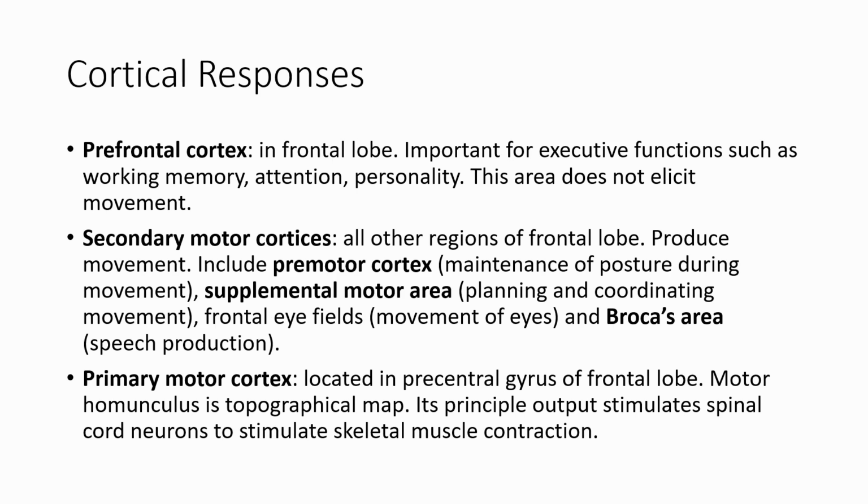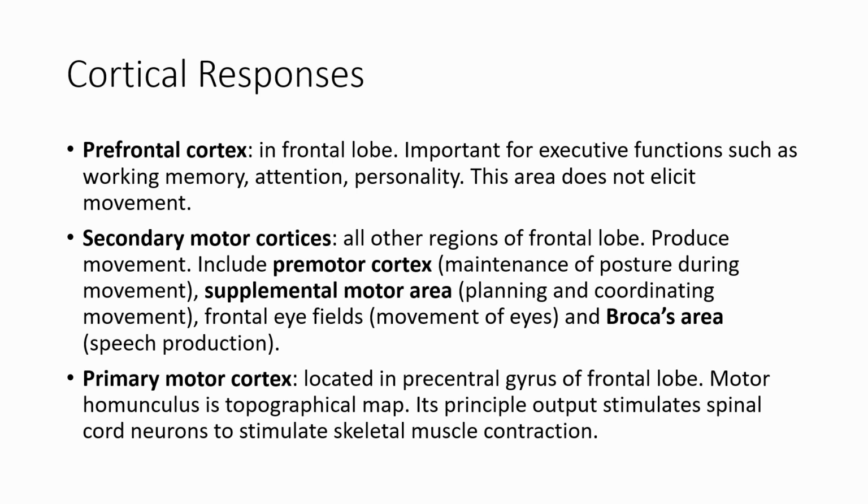This area doesn't elicit movement directly, so it's not going to be involved in sending a signal out to cause movement, but it can have an effect on what movements you decide to make, based on your personality and whatnot. The secondary motor cortices are all the other regions of the frontal lobe that do produce movement.